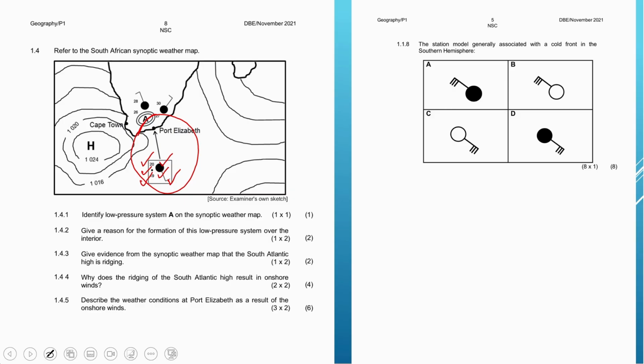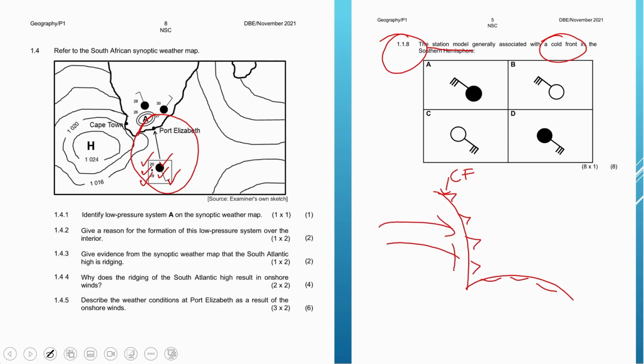Let's look at the last one to wrap up our presentation. The station model, generally associated with a cold front. What is it? Let's go there. That's your mature stage of your mid-latitude cyclone, and that is your cold front. And there's your wind direction.